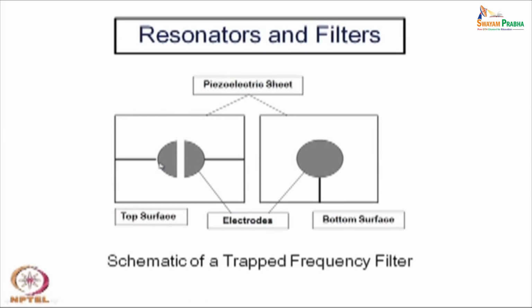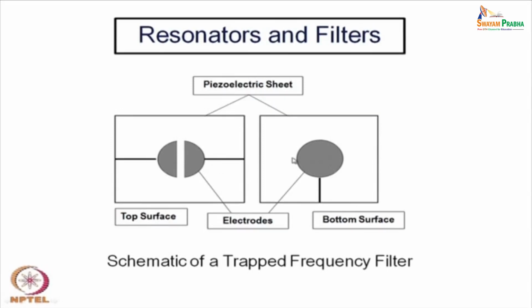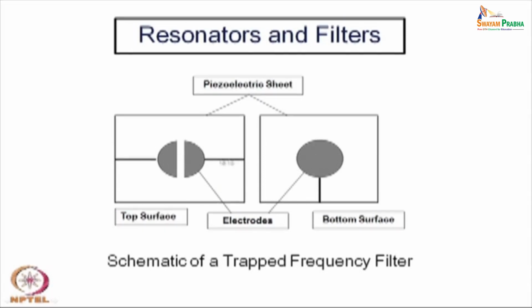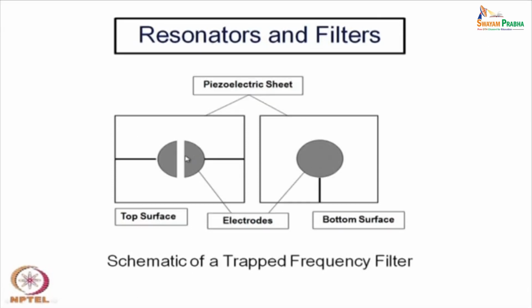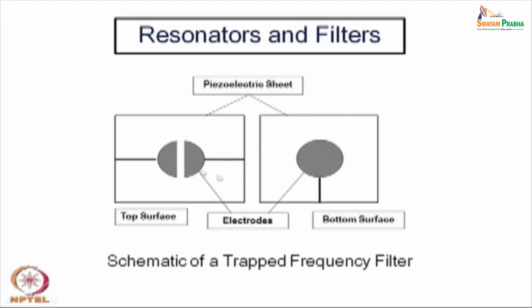So, these are conducting layers, whereas one surface is a full circle, and the other surface is actually a half circle, and because of the piezoelectric coupling, one gets a very narrow bandwidth, a particular signal is allowed to pass through.